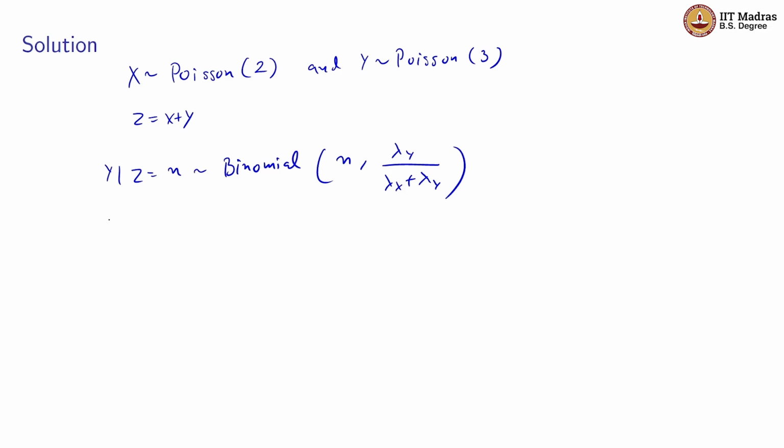Now here we have to find the conditional for y given z is equal to 5. So the distribution of y given z is equal to 5 will follow binomial distribution with n and probability lambda of y, which is 3, by lambda of x plus lambda of y. So the probability here is 3 by 5.